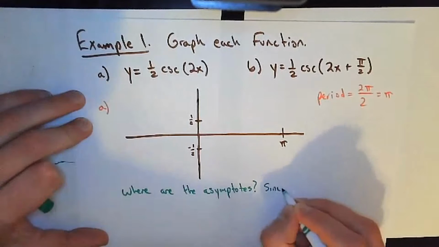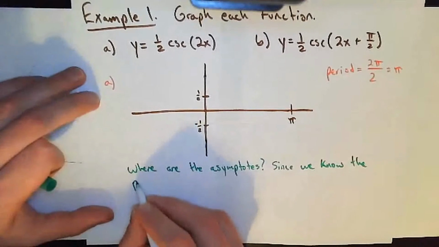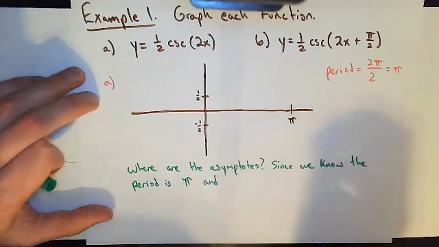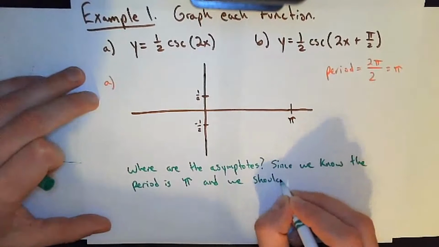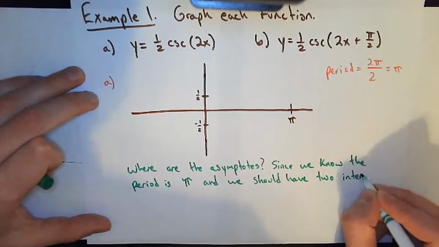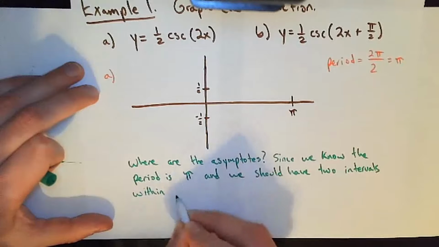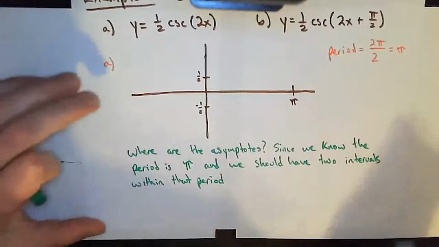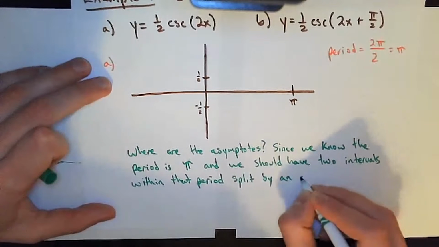One way is that since we know the period is pi, we should have two intervals within that period split by an asymptote.